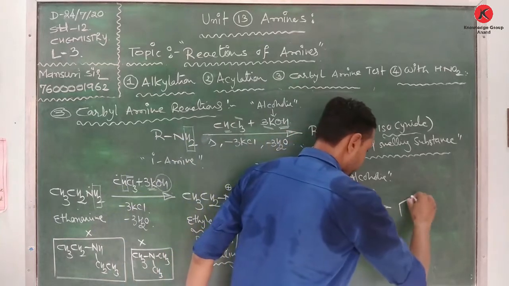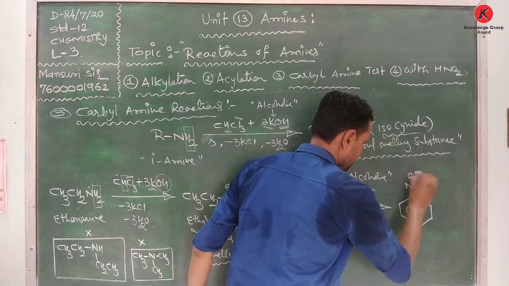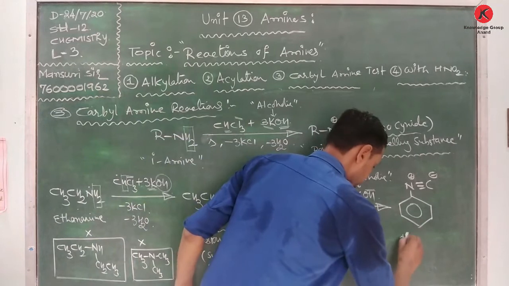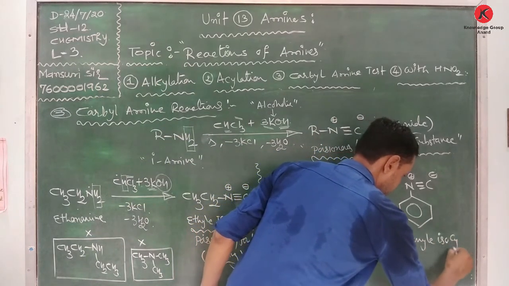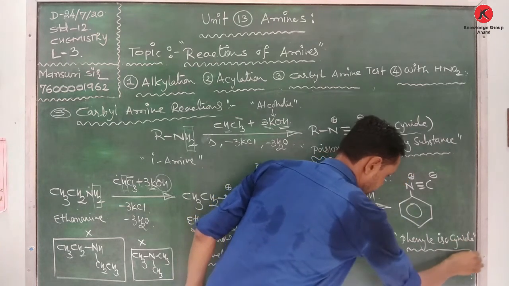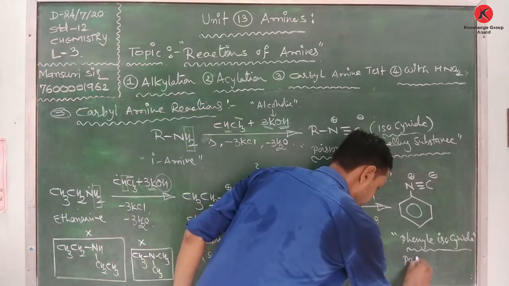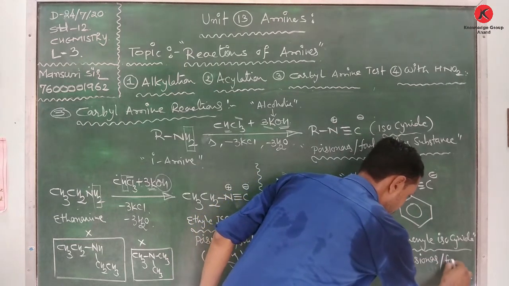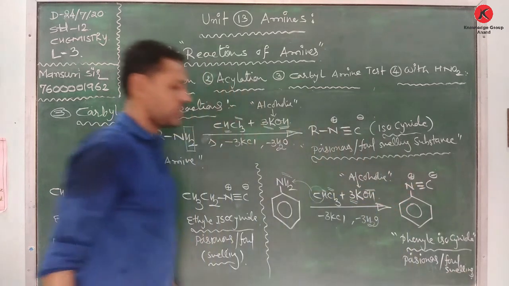That is why phenyl isocyanide. This is phenyl isocyanide. This substance is obtained. This is also a poisonous and foul-smelling substance.